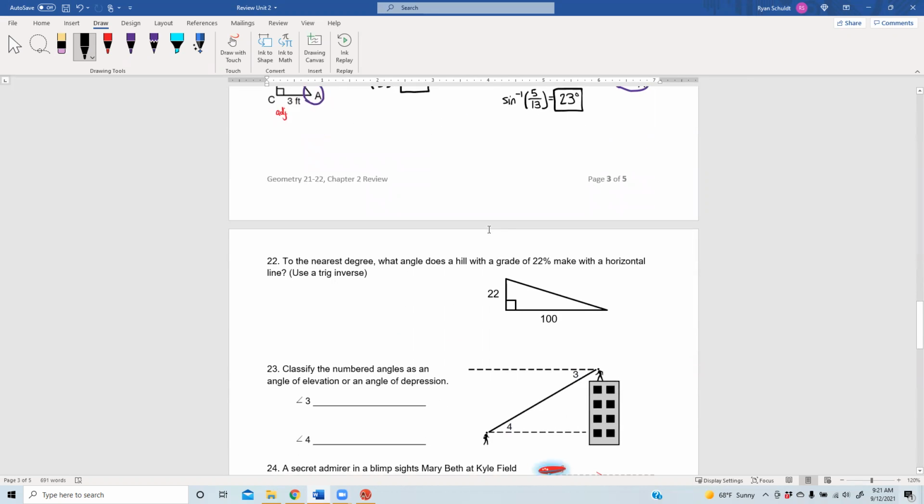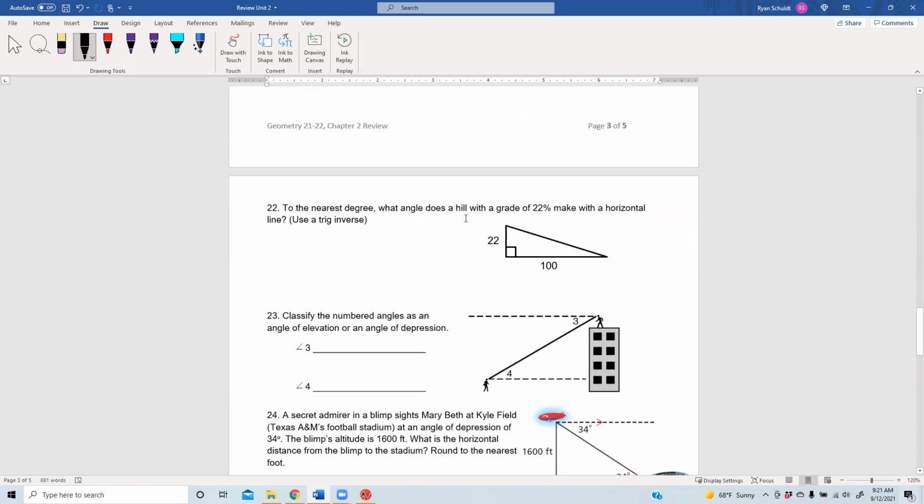Still got another one. To the nearest degree, what angle does a hill make with a grade of 22% with the horizontal line? So the angle we're wanting to find is this one down here. So this 22 out here, that's going to be opposite. The 100 is adjacent. Which ratio uses opposite over adjacent? Tangent.